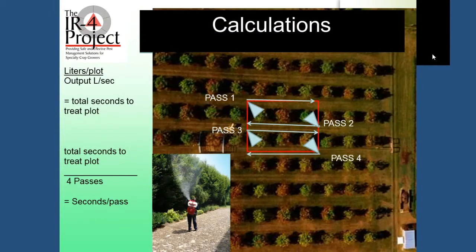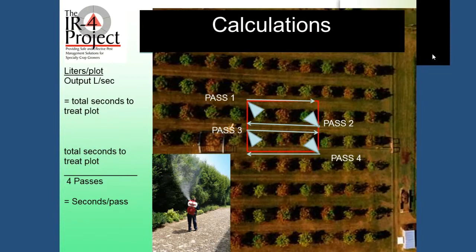Okay, so once we know the number of liters per plot, and we know the output, how many liters per second, we can then calculate the total seconds needed to treat the plot. But we're not going to treat the whole plot at once. We're going to treat it in 4 passes, right? We're going to go on one side of the tree and then come back on the other side of the tree as pass 2.